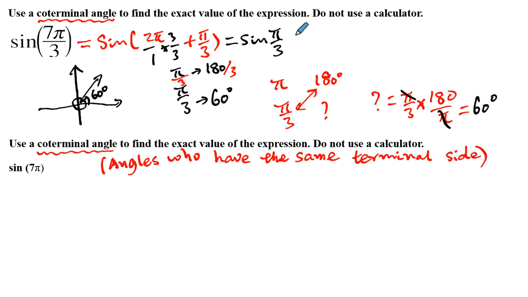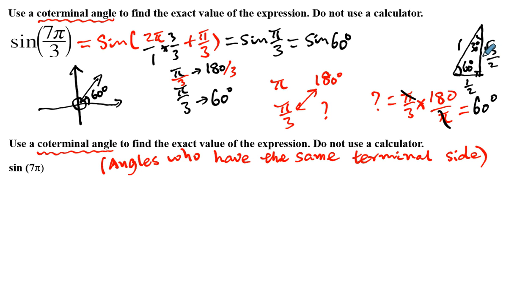So basically here is just sine 60 degrees. What is that? If you have a right triangle, I always do it this way. If here is 60, here is 30, here is 90, then if here is 1, here is always 1/2, and here will be radical 3 over 2.